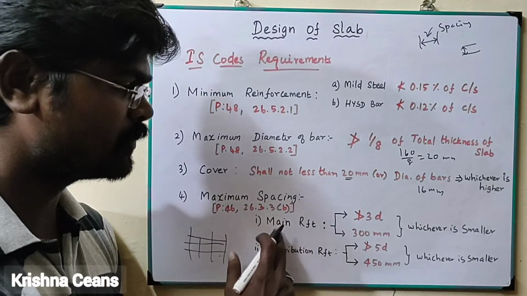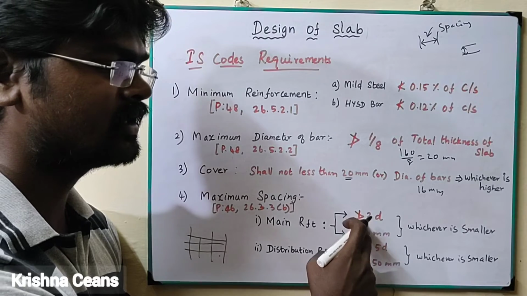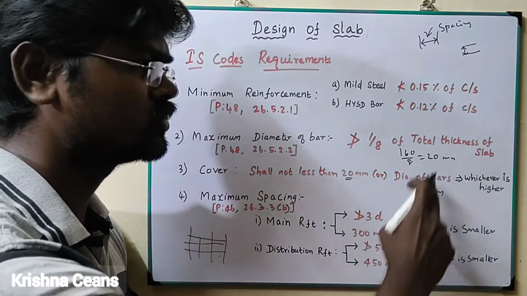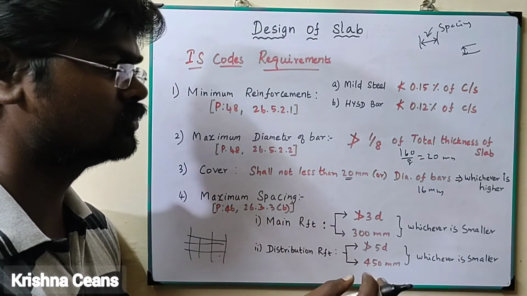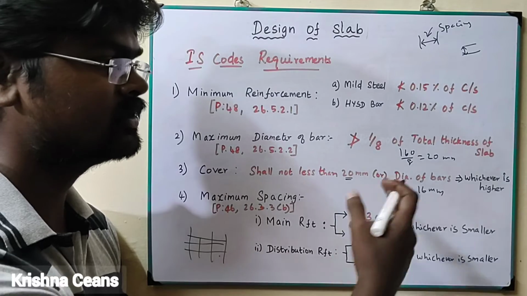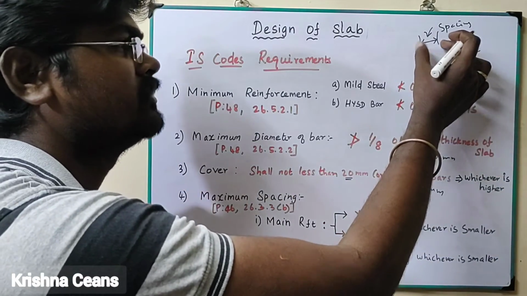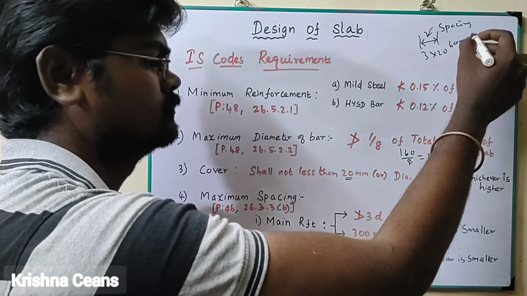The condition for main reinforcement is that it should be not greater than 3 times the depth. For example, if you are using a 20 mm diameter bar, 3 into 20 is 60 mm.